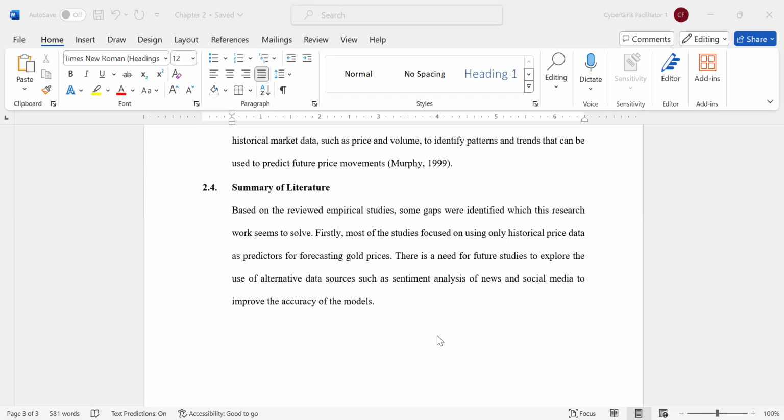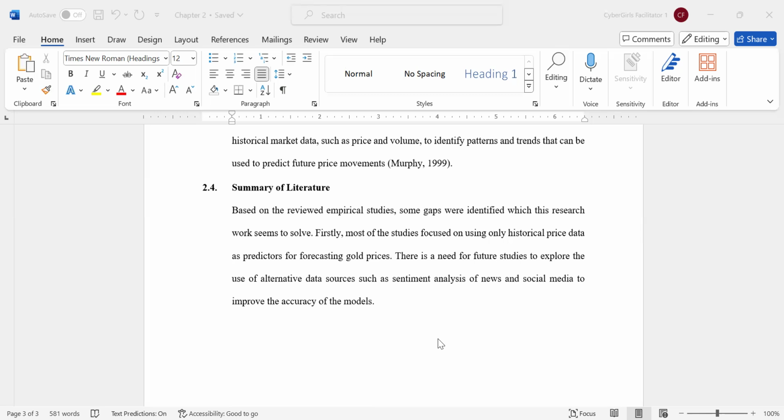And why you want to achieve this as a way of solving the problem that they did not carry out. So that is what you are doing in your gaps or your summary of literature. Most times this is optional, but some places always need it to give you a guide to what your research is all about.